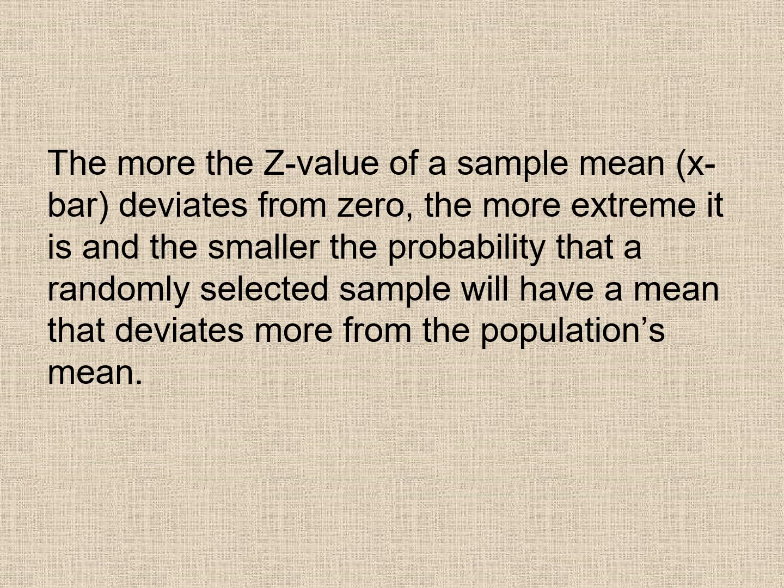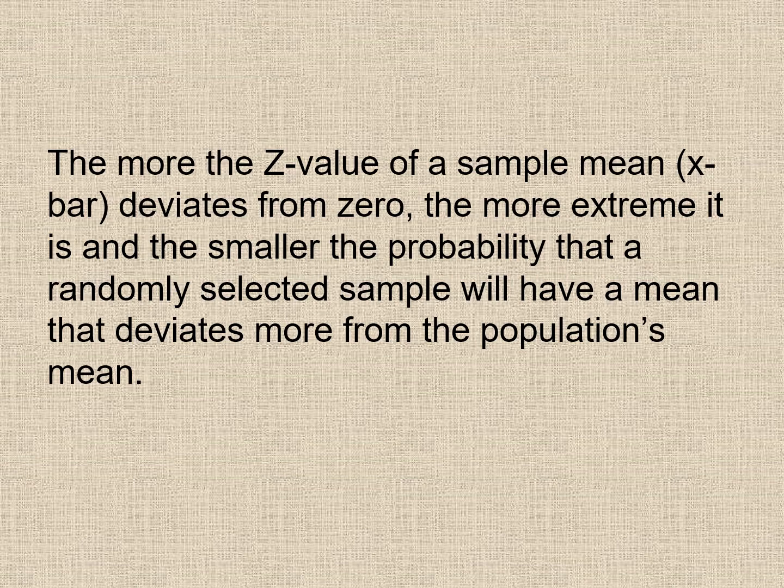And similarly, as we said before, z-score could be seen as a measurement of extremeness. So if you take an observed value, either an observed individual value or an observed sample mean, and transform it to a z-score, the more the z-score deviates from 0, the more extreme is the observed value or the observed sample mean.